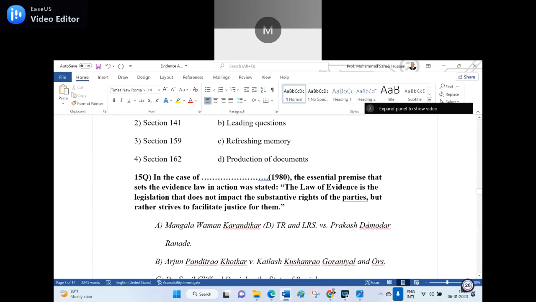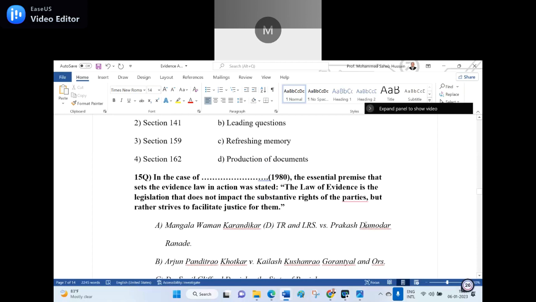In the case of dash, 1980 within parentheses, the essential premise that sets the evidence law in action was stated. The law of evidence is the legislation that does not impact the substantial right of the parties, but rather strives to facilitate justice for them.